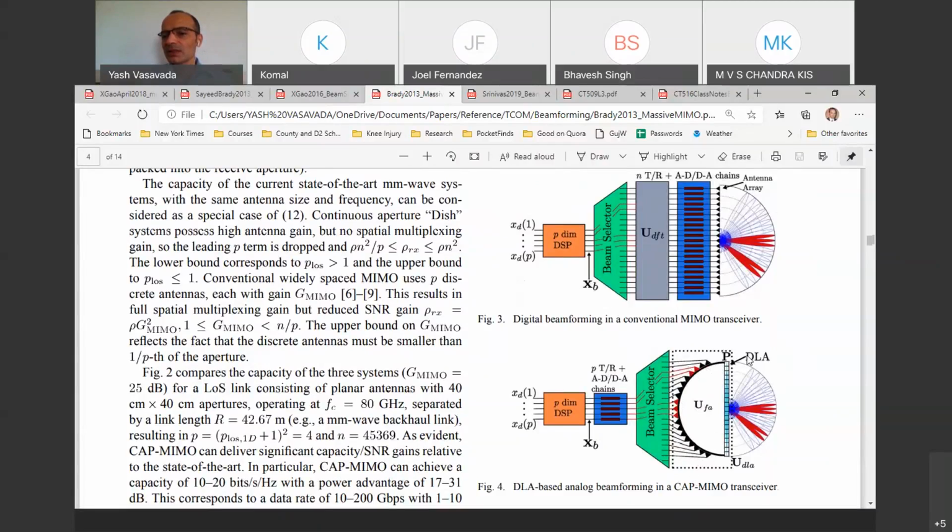And that is what they're calling discrete lens array. So the dish output is getting discretized because it is getting sampled. There is no physical set of elements. It's the sampling of the dish that is giving us the effective result of having the uniform linear array.